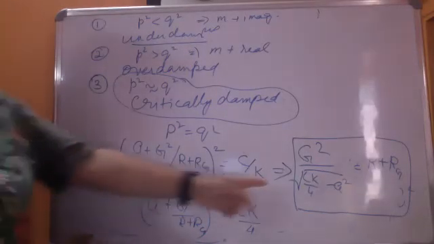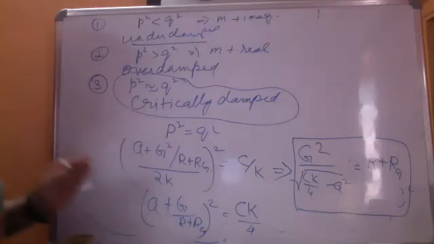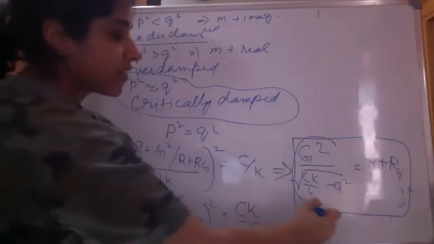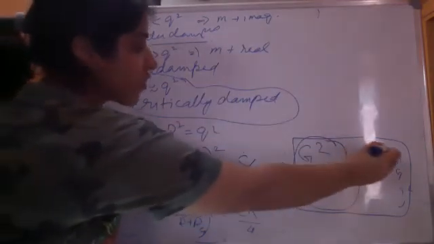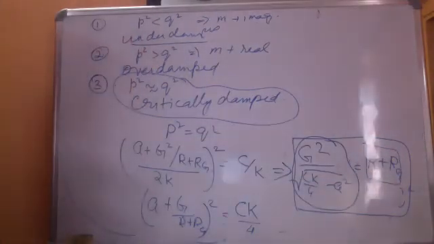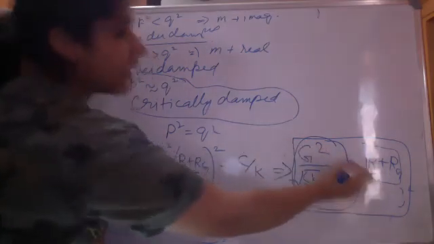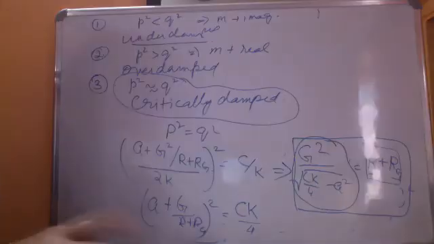So you realize that if you look at the condition for critical damping, quantities on your left hand side are completely characteristics of your ballistic galvanometer. But quantities on your right hand side consist of an external resistance and the resistance of your galvanometer.